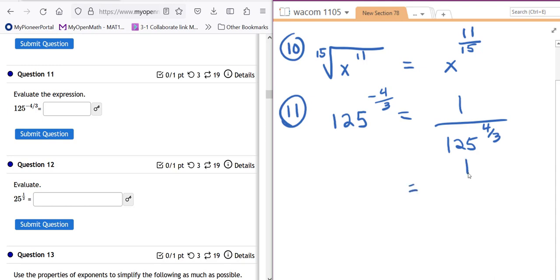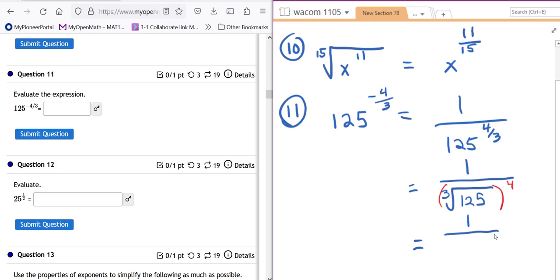Hopefully you'll remember that one. So we're going to switch to the radical form. I'm putting the 3 on. I'm holding the 4 for just a minute. If this piece is a perfect power, then put the 4 to the outside. And it is. You can test, cube root of 125 is 5. So it is a perfect power. So I'm going to choose to put the 4 on the outside.